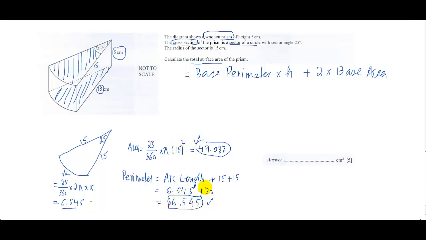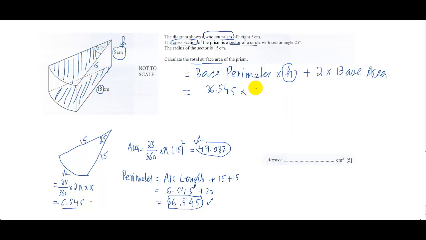Now let me plug these values into the formula to find the total surface area. The perimeter of the base is 36.545, and this is the height of the prism, which is 5. The height of the prism is the length between the first base and the last base.